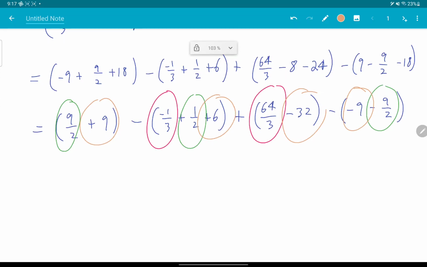So my constants will be 9 minus 6 plus 9. Oh, and there's a 32 in there. Let's put the minus 32 first. Minus 32 plus 9.